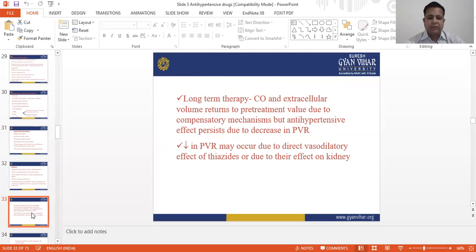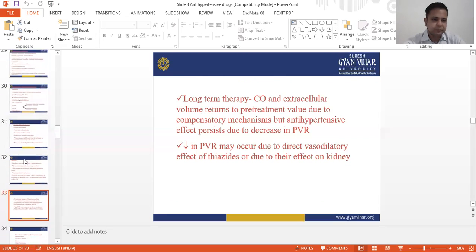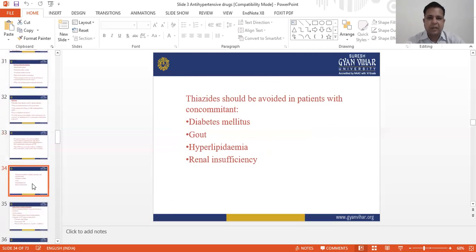The decrease in peripheral vascular resistance may occur due to the direct vasodilatory effect of thiazides or due to their effect on the kidney. Thiazides should be avoided in patients with concomitant diabetes mellitus, gout, hyperlipidemia, and renal insufficiency.